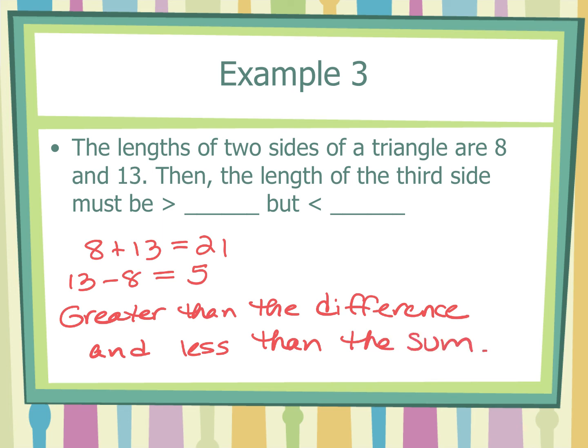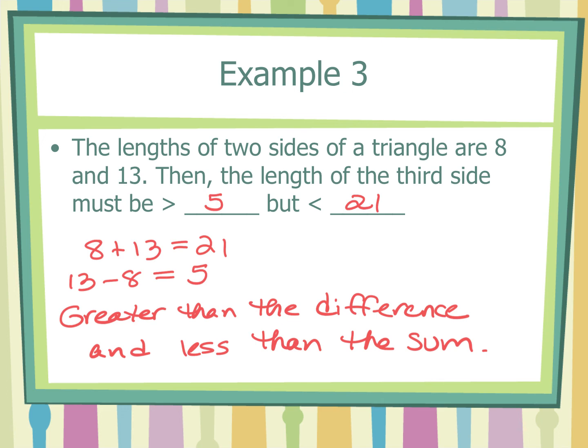So what I'm going to fill in here, it's got to be greater than the difference, and the difference was 5, but less than the sum, which was 21. It cannot equal a sum or a difference. It has to be any number in between 5 and 21. And that would be an acceptable measure for that third side.